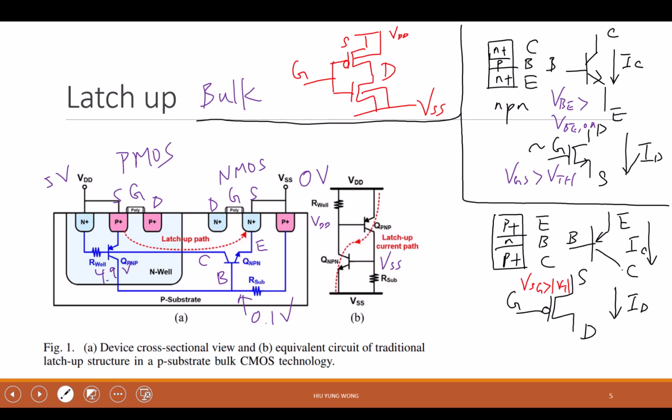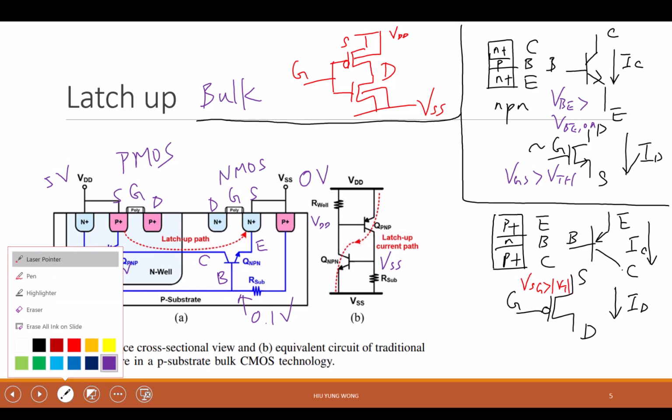But if, due to any reason like impact ionization or radiation effect, they generate some electron-hole pairs, they cause some substrate leakage, then I might have current going down. Now, when this current goes down, it becomes the current to the base.